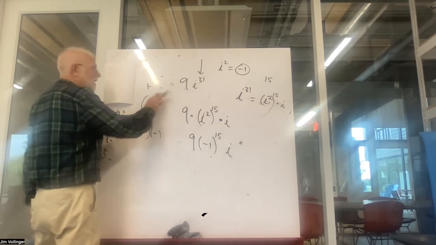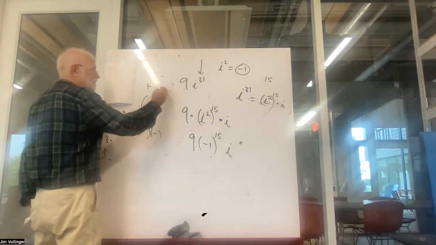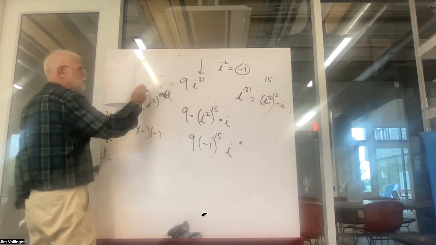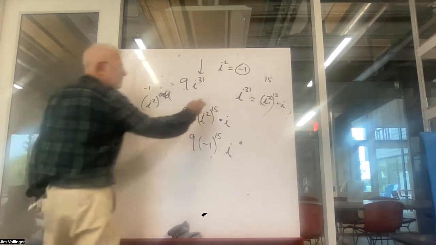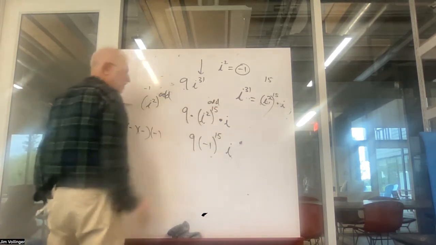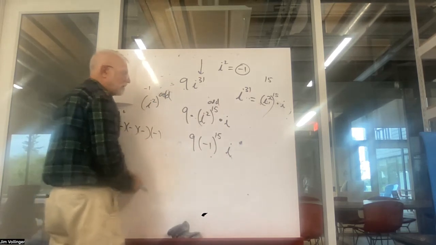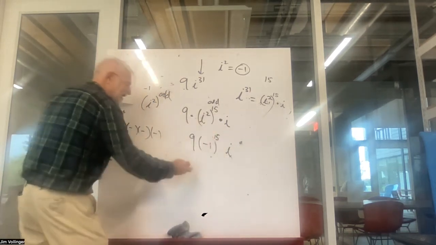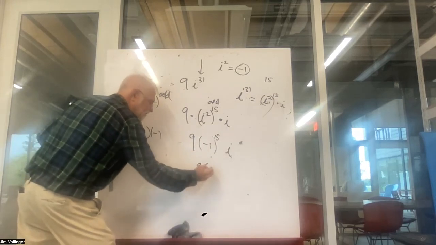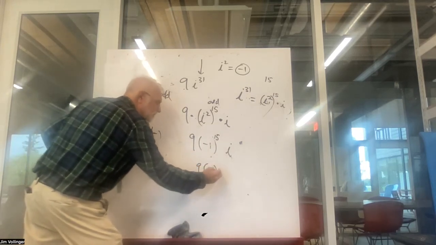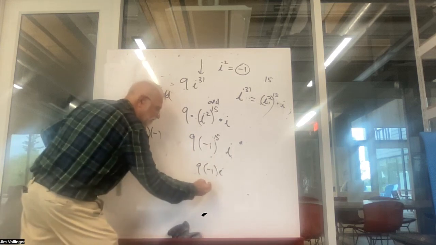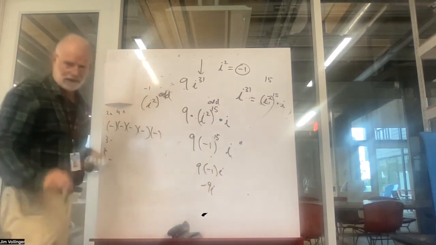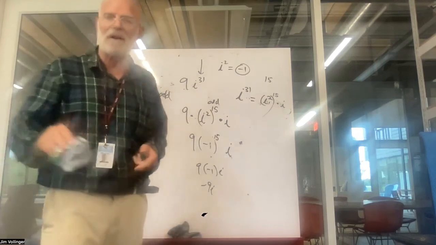And if I do it to an odd number, I don't get a +1, I get a -1. I'm doing it to an odd number, which means I'm getting -1. If I do it 15 times, it stays negative. So I get 9 times -1 times i. Your answer is -9i.